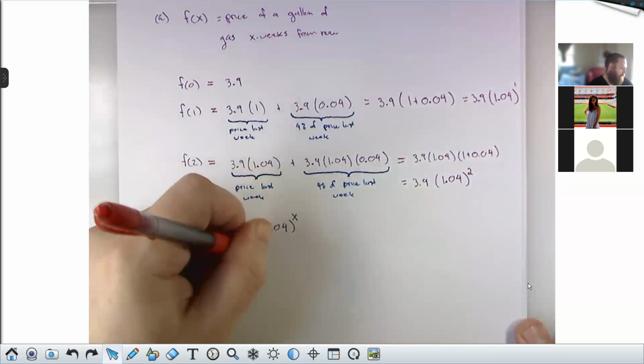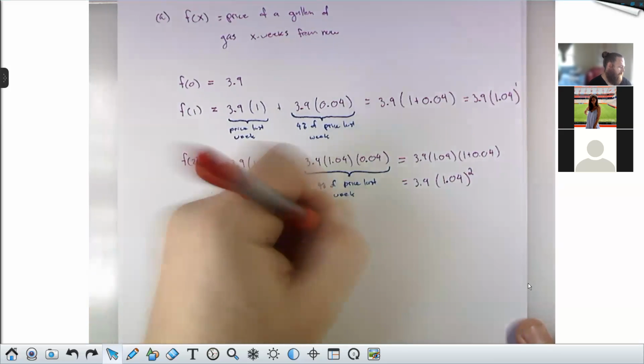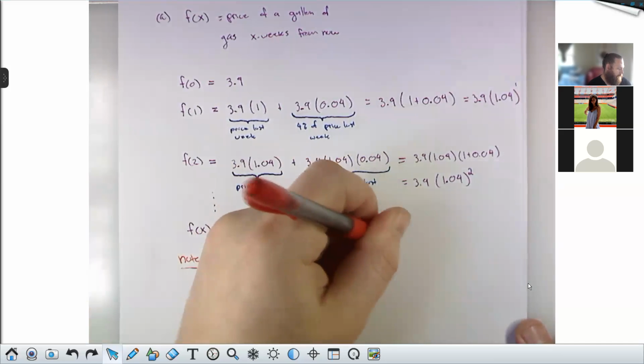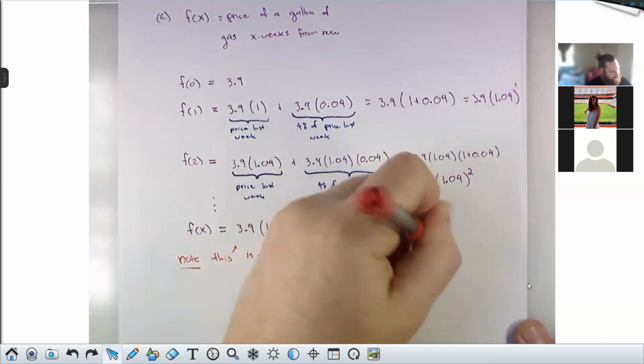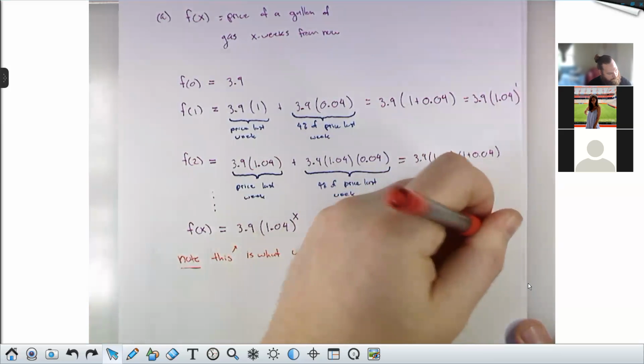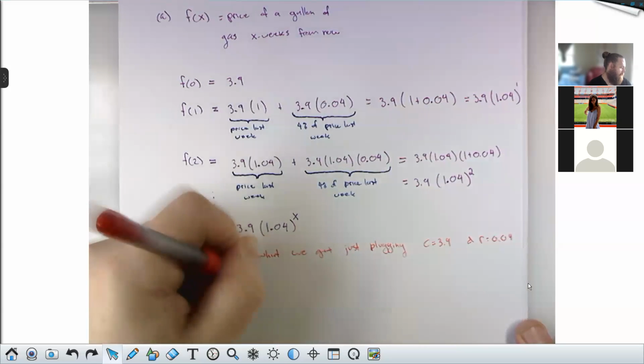This is what we get just plugging c equals 3.9 and r equals 0.04 into the growth rate formula.